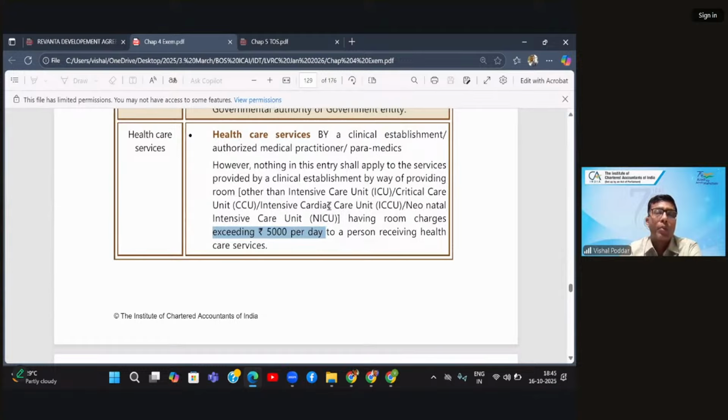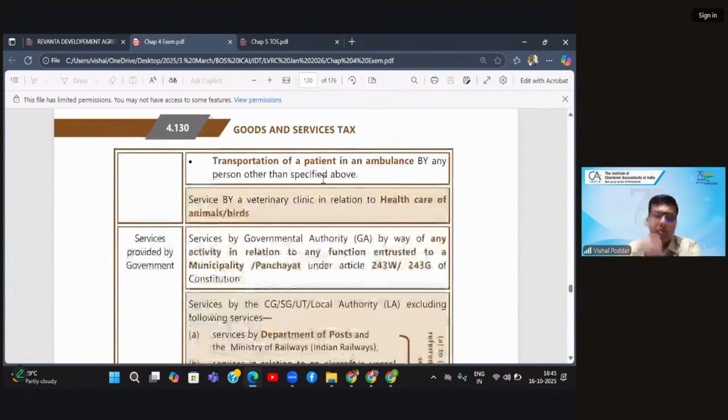You have multiple equipments to be used in these rooms. So over there, even if the charges exceed 5,000, it will remain exempt. But for any other room other than these types of rooms, where the charges exceed 5,000 per day, those charges will be taxable. Remaining other healthcare charges will remain exempt.